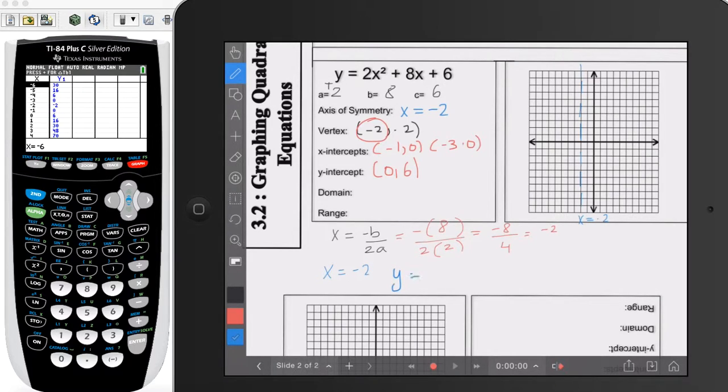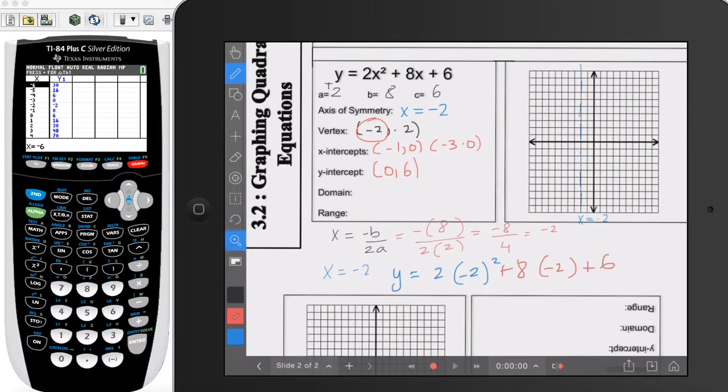So the y of the vertex is going to be 2 times -2 to the power 2. See how I replace the x by a -2. So I have to put a -2 in there. Plus 8, open parentheses, -2 replaces x, plus 6.